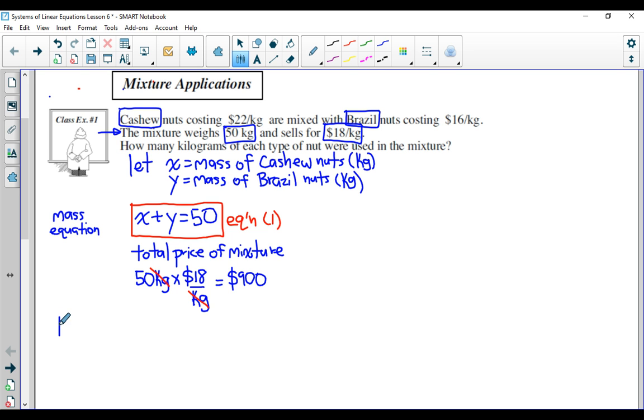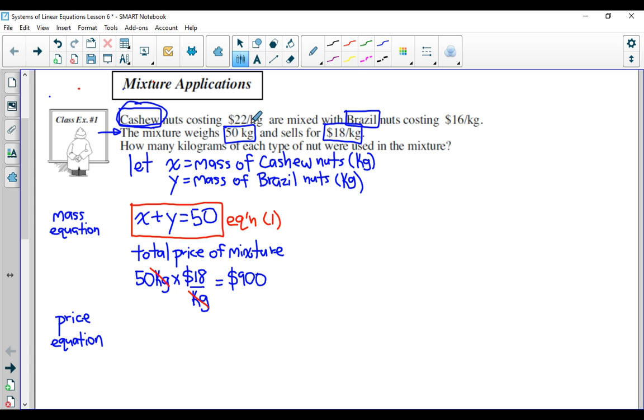Now, I want to write down the price equation. So first of all, I want to identify the total price just for the cashew nuts. To do that, you would take the mass of the cashew nuts, which is X, and multiply by the unit price.